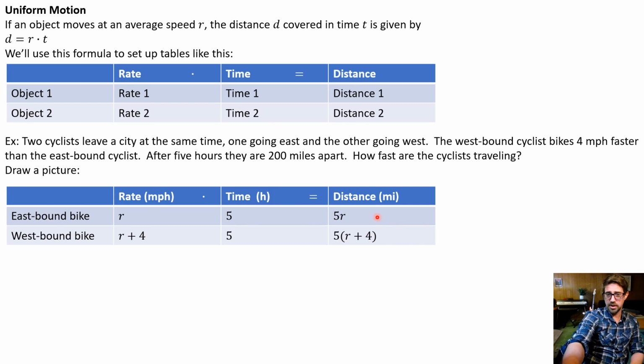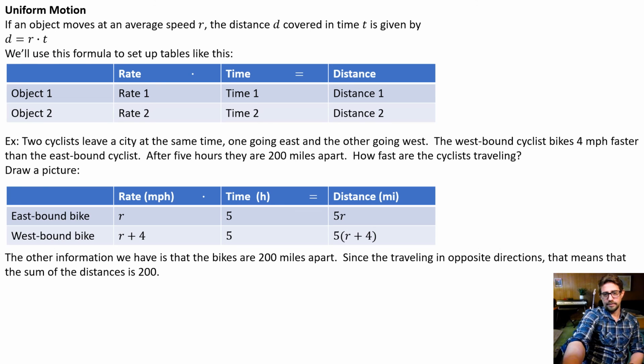So that means this distance plus this distance is 200. That's our algebra. Right, and this is why I make you show your work, because the setup here is the work. The actual math problem is super easy. Right, so that's what we need. The sum of the distances is 200. And that's our equation. Okay, so just bust that out.